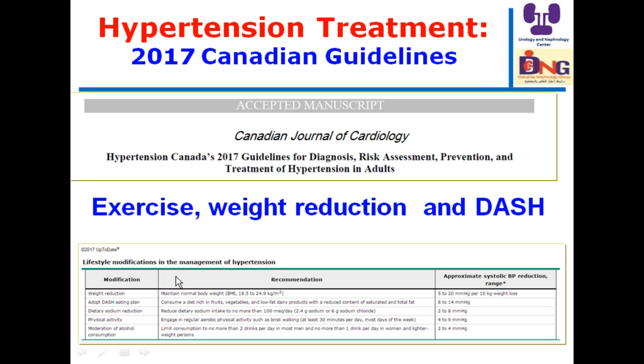Adopting the DASH diet, an 8 to 14 millimeter mercury drop in blood pressure. Dietary sodium restriction, an 8 millimeter mercury decrease. Physical activity, a 4 to 9 millimeter mercury decrease in systolic blood pressure. Moderate alcohol consumption here as well. These are the results.